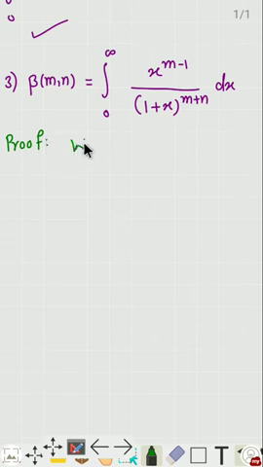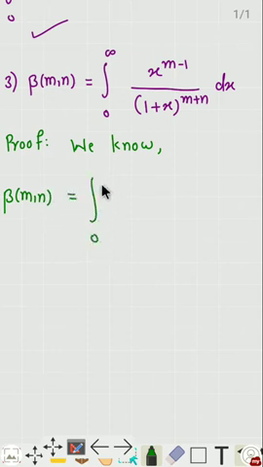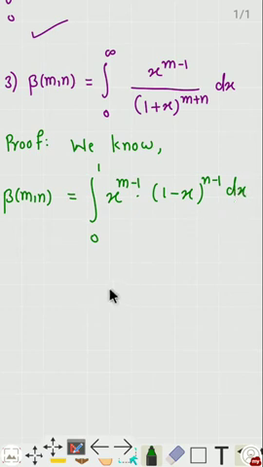We know the definition of the beta function. Beta(m, n) is equal to the integration over 0 to 1 of x raised to the power m minus 1 into (1 minus x) raised to the power n minus 1 dx. Okay, now we use this substitution to prove this property of the beta function.